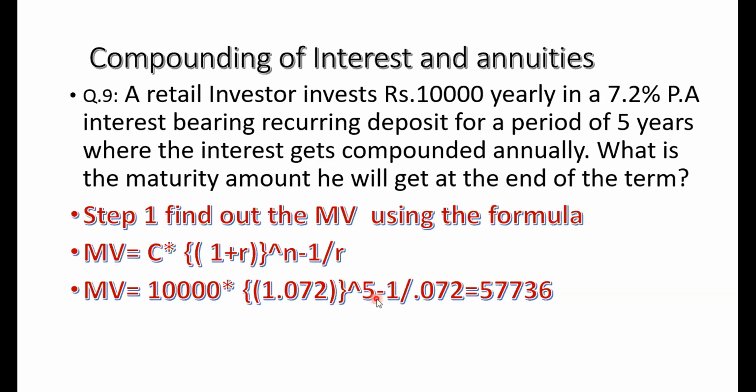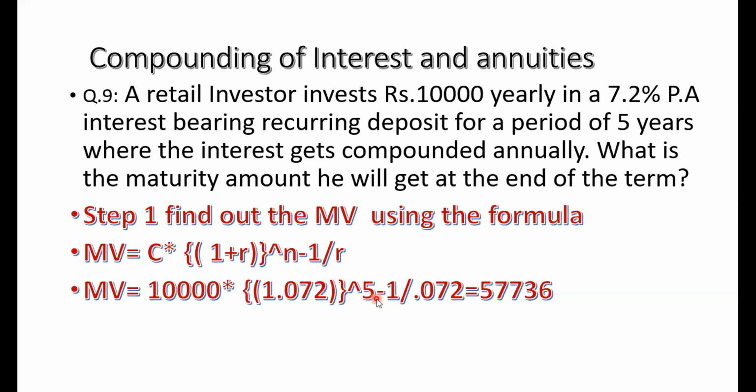Are you getting it? Note that down separately, because you have to subtract 1 from the power term. You should have a working sheet also. So you are getting 1.41570, but the formula says to the power N minus 1. If you subtract 1, you will get 0.4157087.